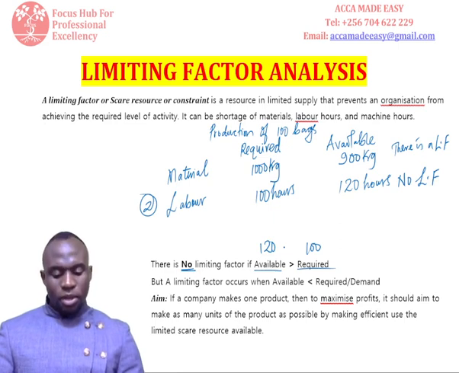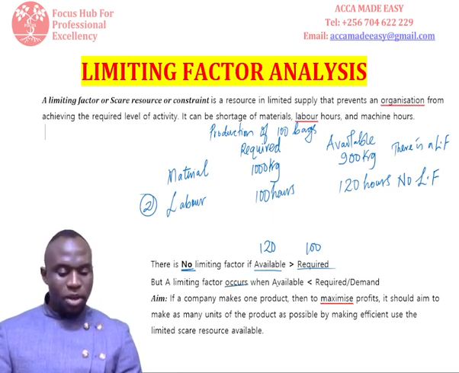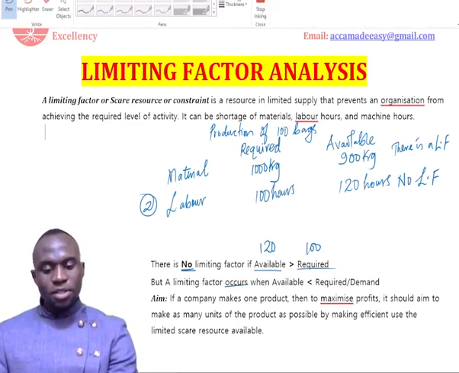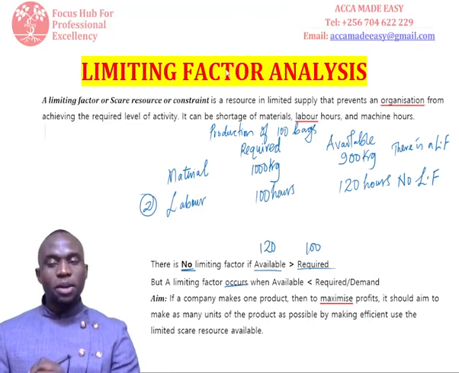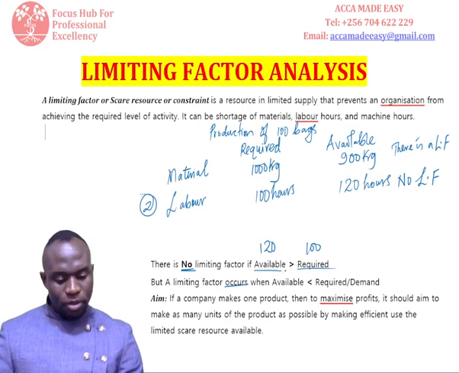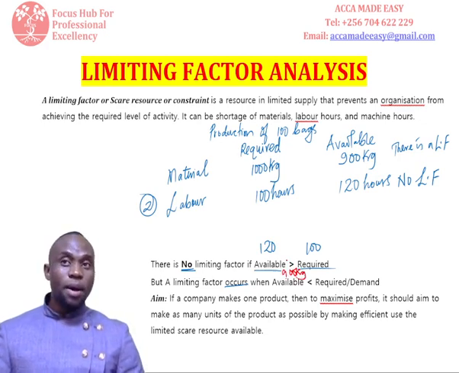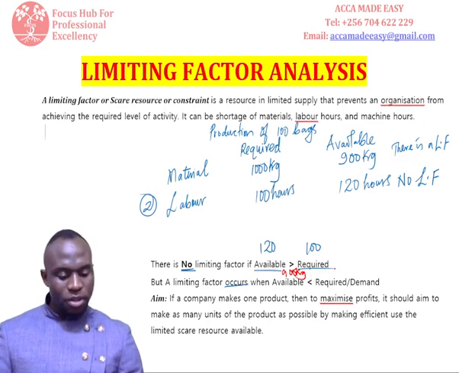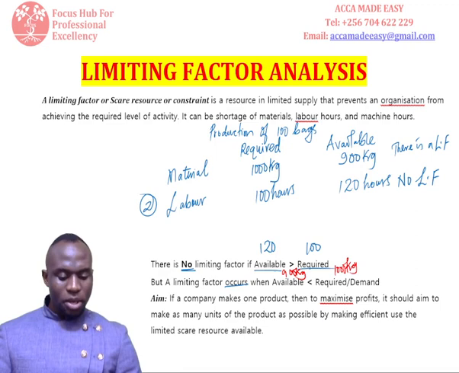Then a limiting factor occurs when available is less than required. So we look at materials. What is available is only 900 kilograms, but we need 1000 kilograms. So it means there is a problem with materials.